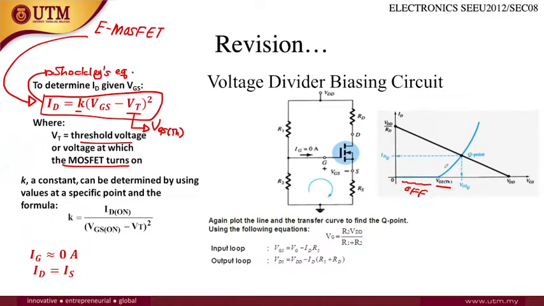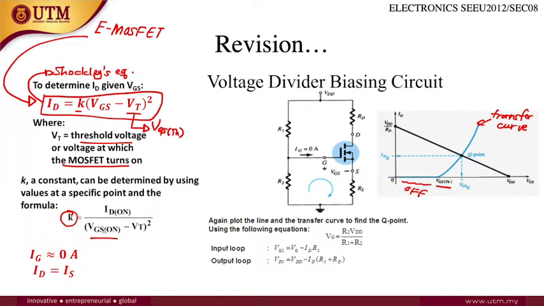From Shockley's equation you can plot this transfer curve graph, where you can see the relation between VGS and drain current. From this equation, you can rearrange to find the value of K if ID(on) and VGS(on) are given to you.